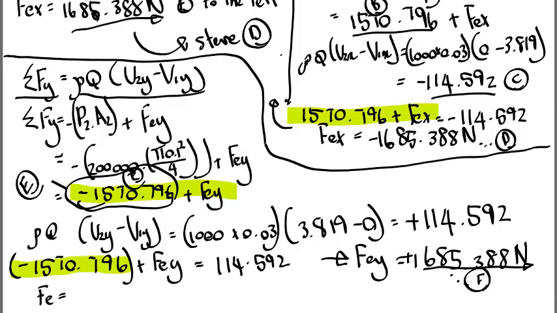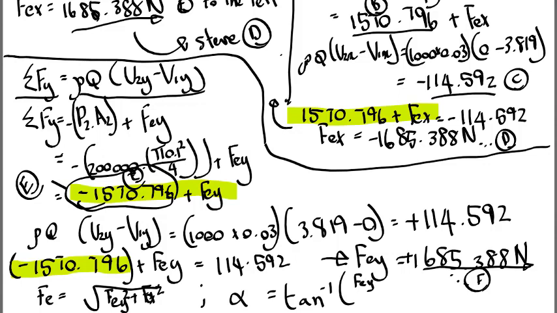Fe will be equal to the square root of Fey squared plus Fex squared, and you'll calculate alpha, which in this case will be arctan, where we have Fey over Fex.